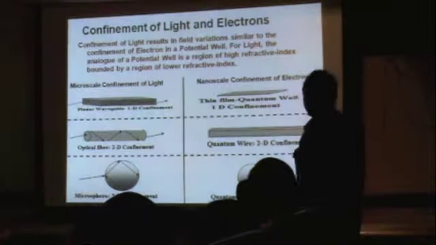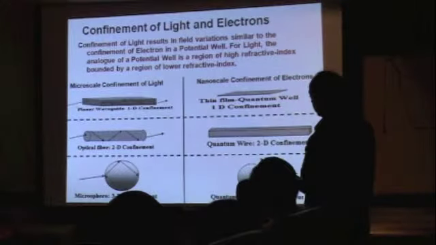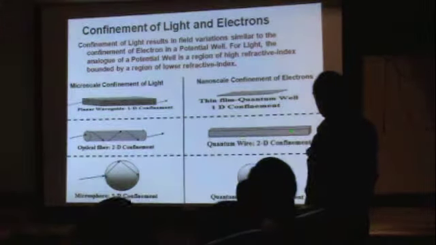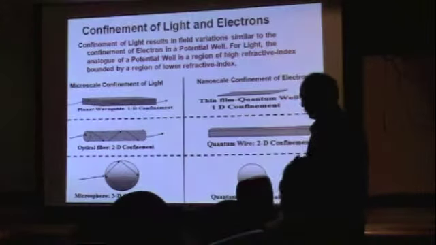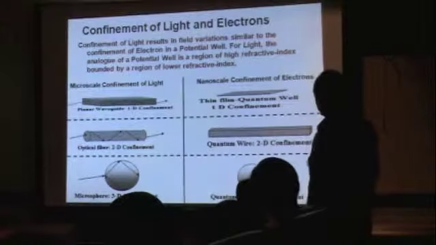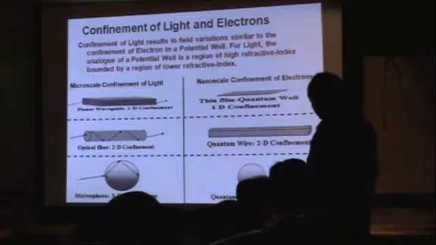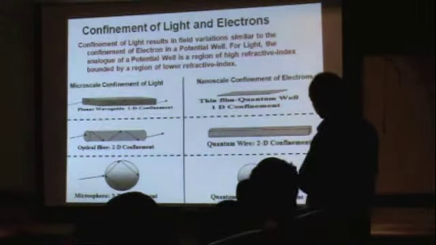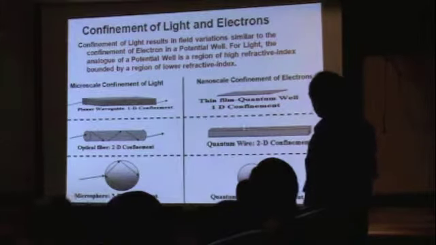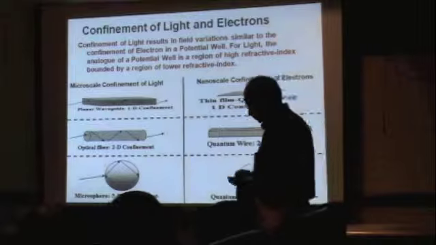A similar thing we have for electrons also. You can have what is called a quantum wire, with nanoscale confinement in two directions. And then finally, just like you can have a microsphere in optics, you have 3D confinement. You can have 3D confinement for electrons also, at the nanoscale, and that's called a quantum dot. These things have very interesting properties that we talk about.